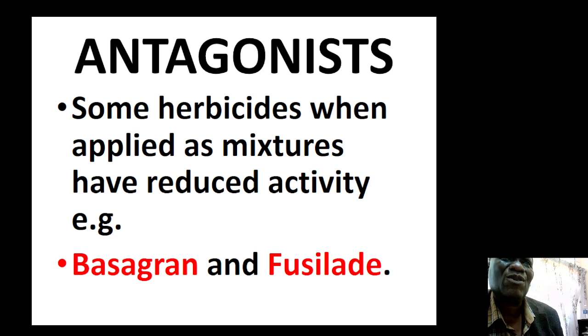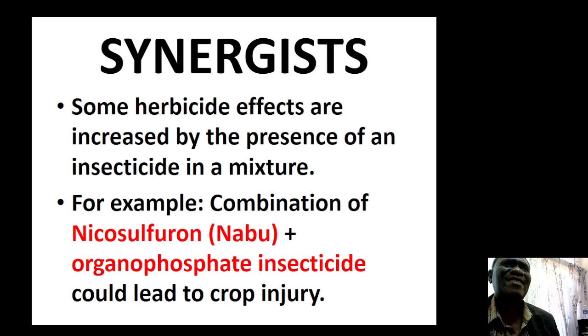Antagonists, we said, although it makes sense to mix Basagran and Fusilade, which are both soybean herbicides, in order to save fuel, if you do so, you are not going to kill the weeds. So apply them separately, because they are antagonistic to each other. Synergists, nicosulfuron, if it is contaminated with an organophosphate insecticide, usually this happens when tanks used during spray are not cleaned properly.